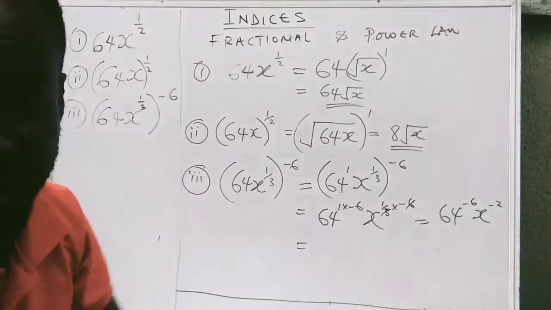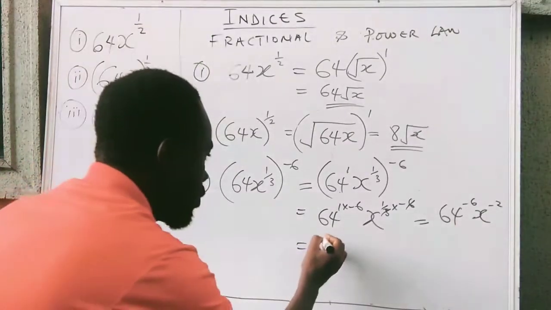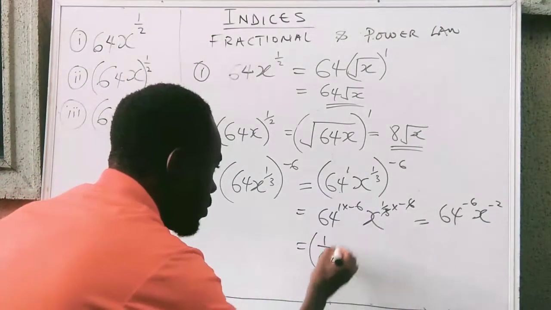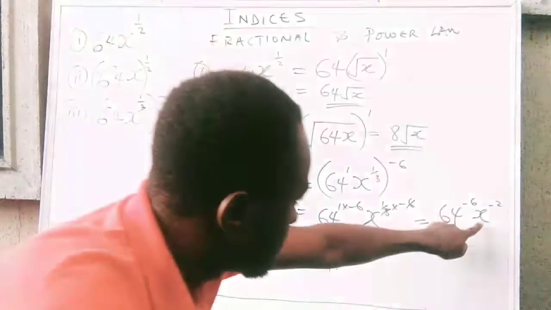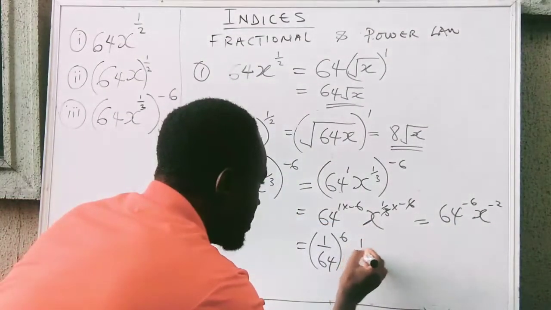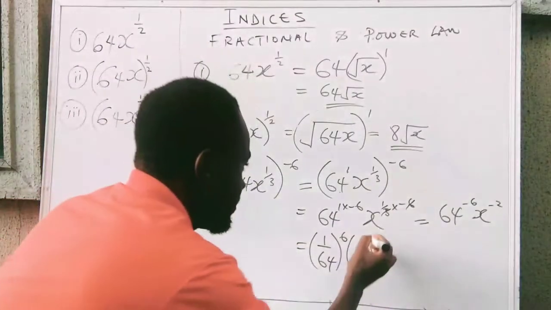Now I'm going to apply my negative index law here, which says invert this, 64 becomes 1/64. And once you do that, the negative sign changes to positive. You do the same thing. This x, invert it, becomes 1/x. And once you do that, the negative sign changes to positive.